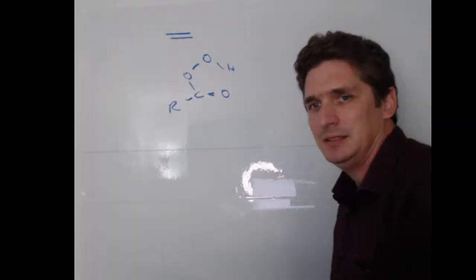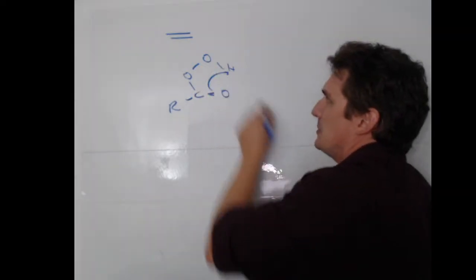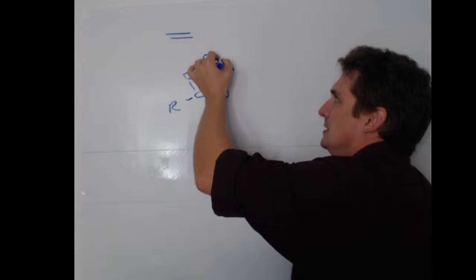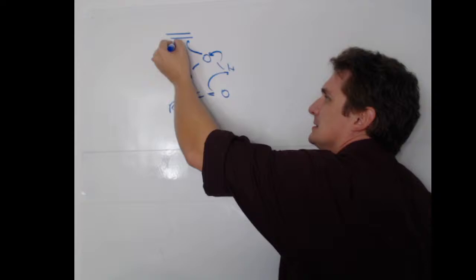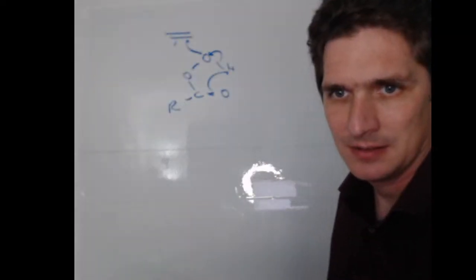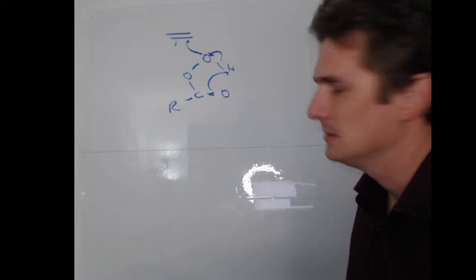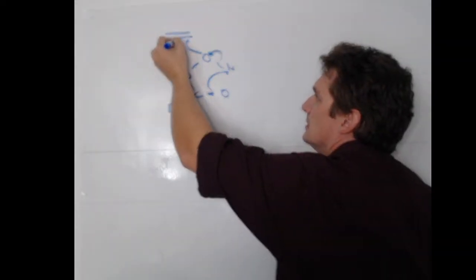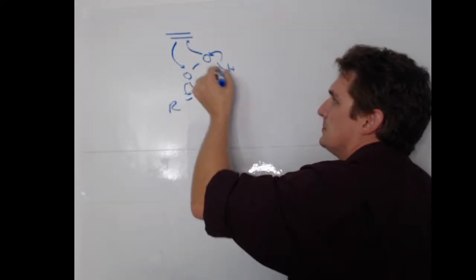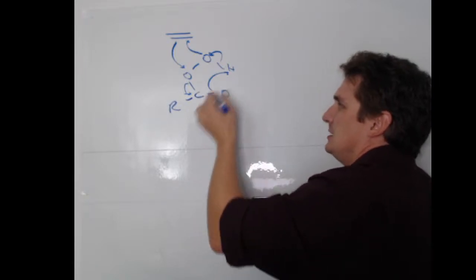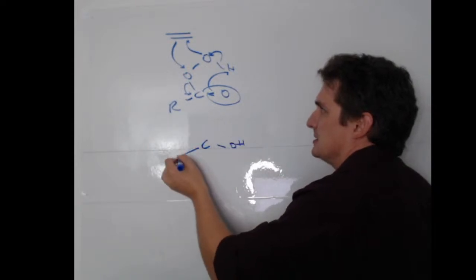So we got our alkene, and yeah, oh right. So this is how we swap the hydrogen off. And then we get this weird nucleophilic attack. So we end up opening up this carbon-oxygen bond, and this carbon here becomes the OH in the carboxylic acid.